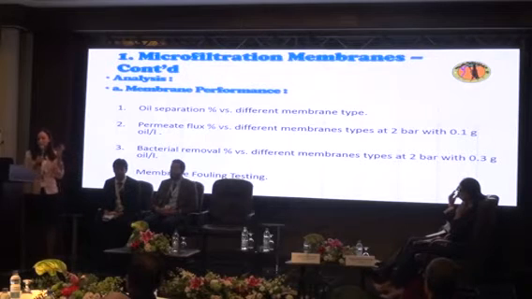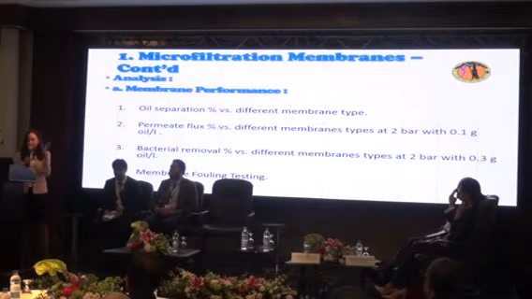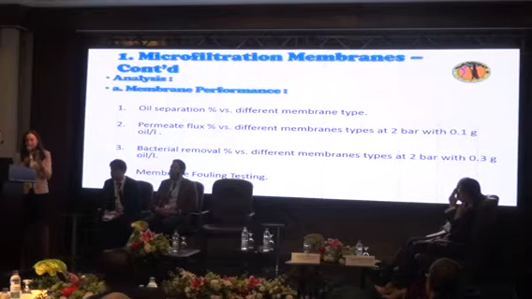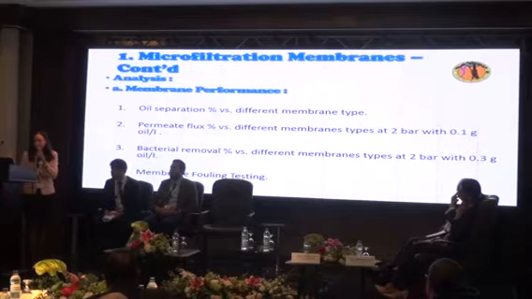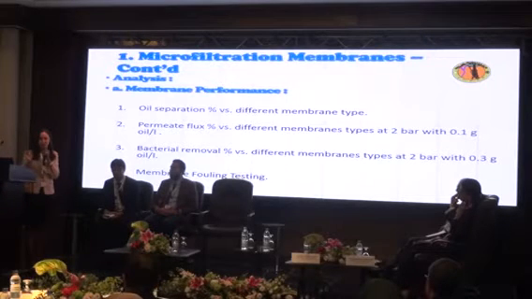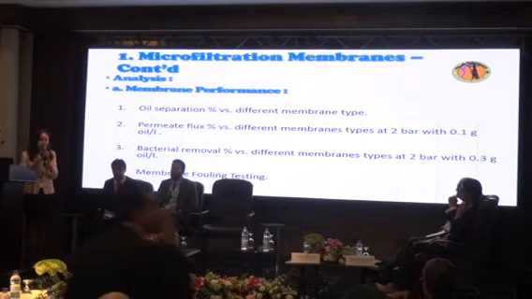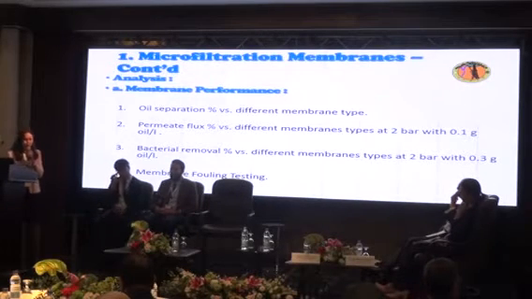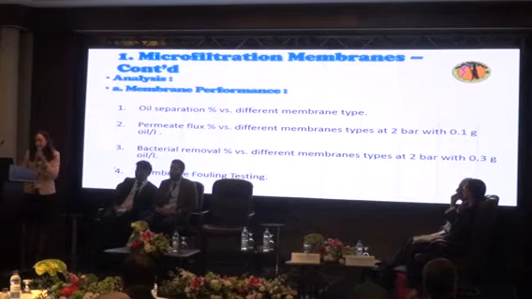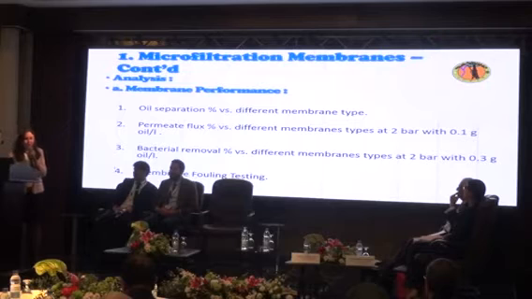So I have to carry out many performance analyses for this membrane, like the oil separation versus each membrane type that I use, the permeate flux, and the COD and BOD removal, which is very important to be applied for the environmental law, which is law number 4 for the year 1994. And also I want to test the membrane fouling ability.